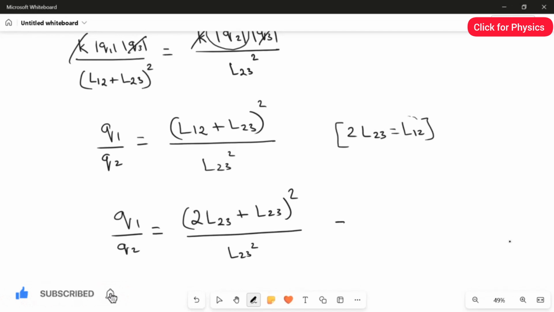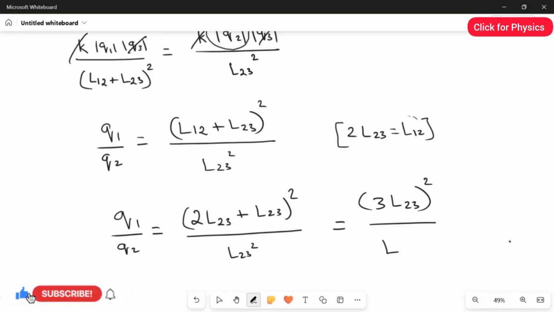So now if you simplify, 2L23 plus 1L23 is 3L23, the whole squared, divided by L23 squared. So now you can see this L23 squared we can cancel here. We can cancel this L23, but you have to use the square on the 3 here. So what you'll get, only 3 squared. Am I right? Because this square is common for both 3 as well as L23. So we will cancel only L23 squared top and bottom.